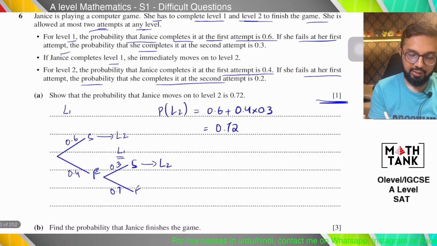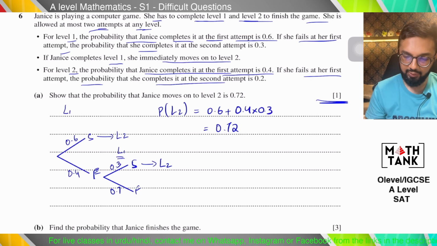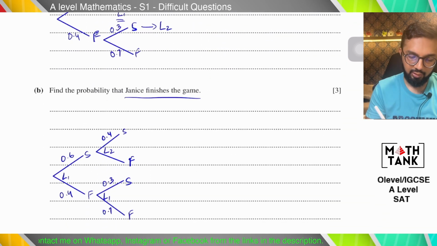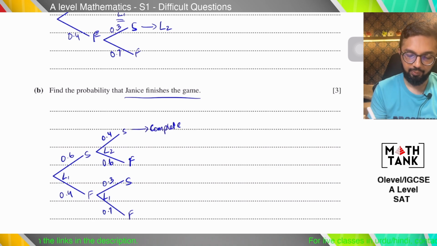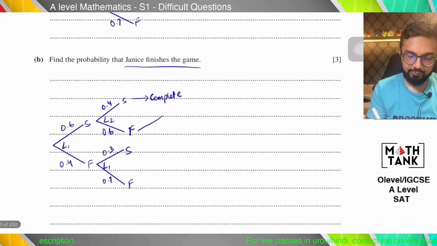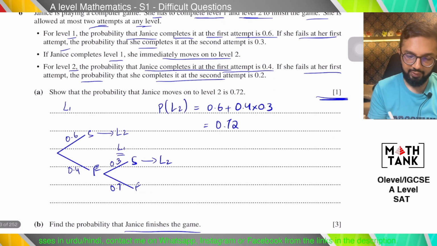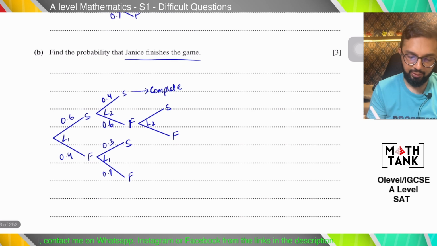Then if Janice completes level 1, she immediately moves on to level 2. For level 2, the probability that Janice completes it on the first attempt is 0.4. So 0.4 and 0.6. Game complete. So I'm going to write complete. Level 2, success, failure. If she fails at her first attempt, the probability that she completes is 0.2 and 0.8.